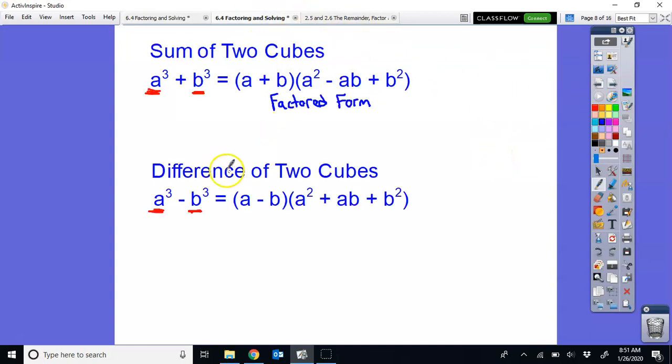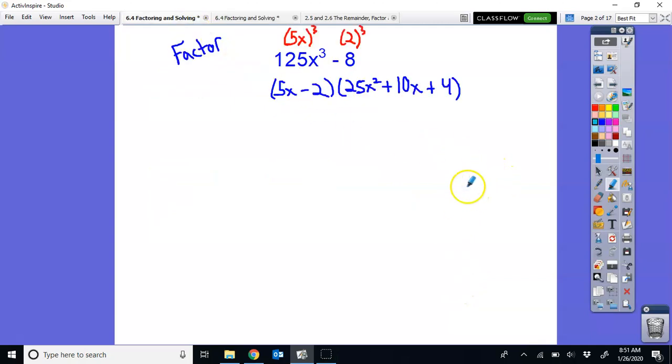Again, using the pattern, you subtract them, you square the first one, you multiply them, and you square the second one. The only thing that would change, like I said, if you had a sum of two cubes, is your signs right here and right here. Everything else about the pattern is the same. If it is not a sum of two cubes or a difference of two cubes, this pattern will not work.